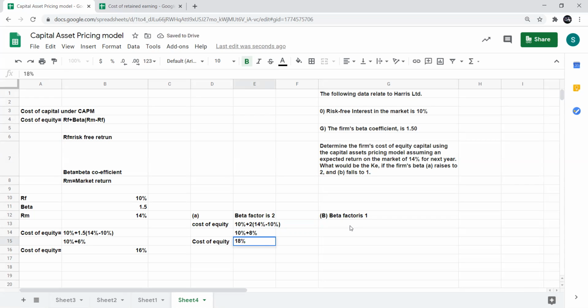This is fine. Now the beta factor is 1. Similar, same. Cost of equity is 10%. Beta factor is 1.